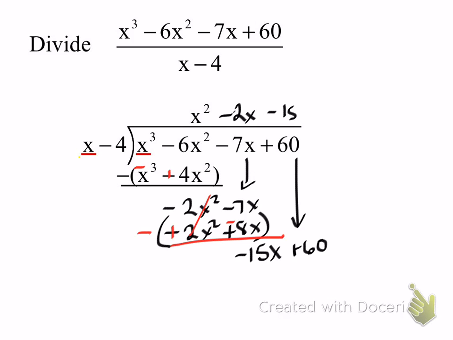Negative 15. Negative 15 times the x is negative 15x. Negative 15 times negative 4 is plus 60. Cross cancel. Oh, whoops, I can't do that. I'm subtracting the whole thing. It makes it positive and negative, and now I am zeroed out.